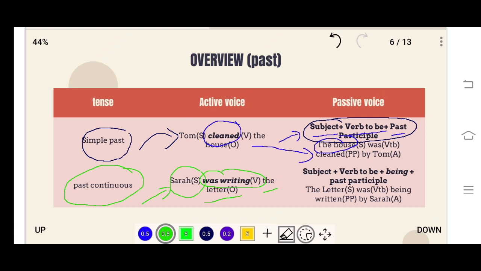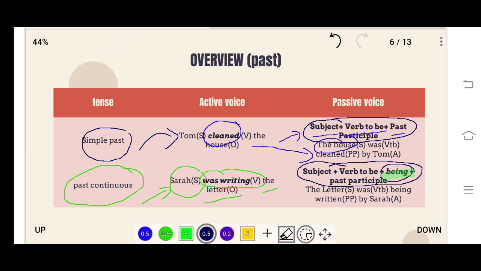The formula for the past continuous tense is subject plus verb to be plus being, plus past participle. The difference between the simple past and the past continuous is that in the past continuous we add the word being. So remember, we add the word being here.